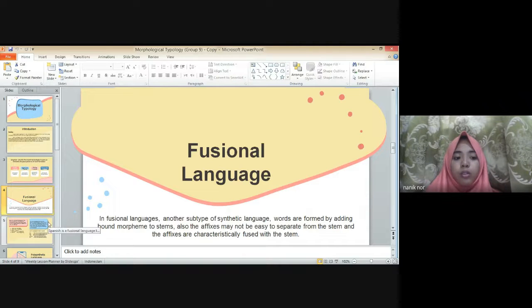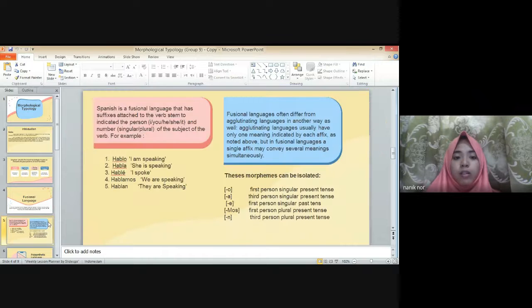Okay, this is the example. The example is in the Spanish language. Spanish is a fusional language that has suffixes attached to the verb stem to indicate the person: I, you, he, she, it, and also the number, singular and plural, of the subject of the verb.